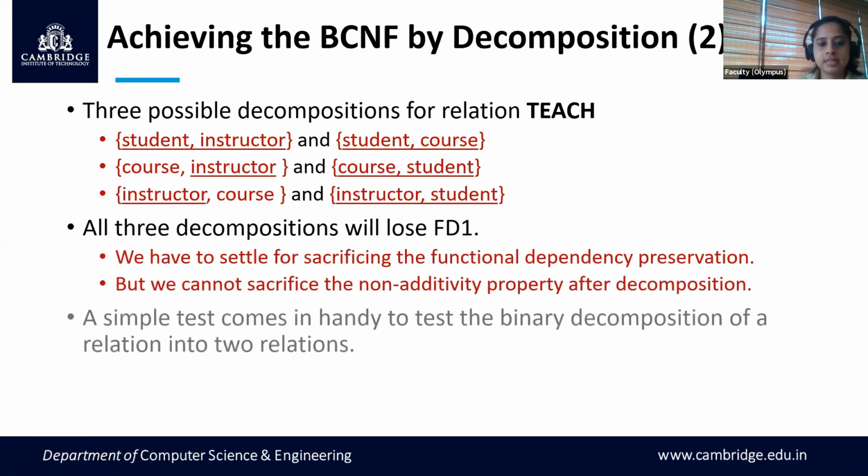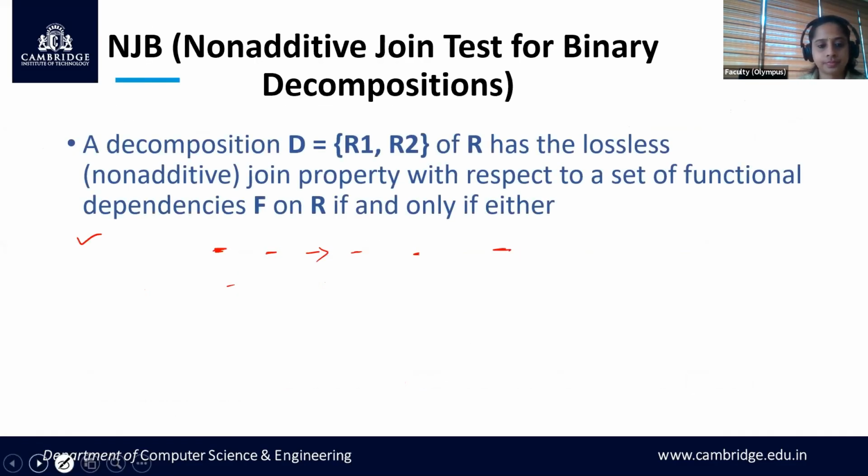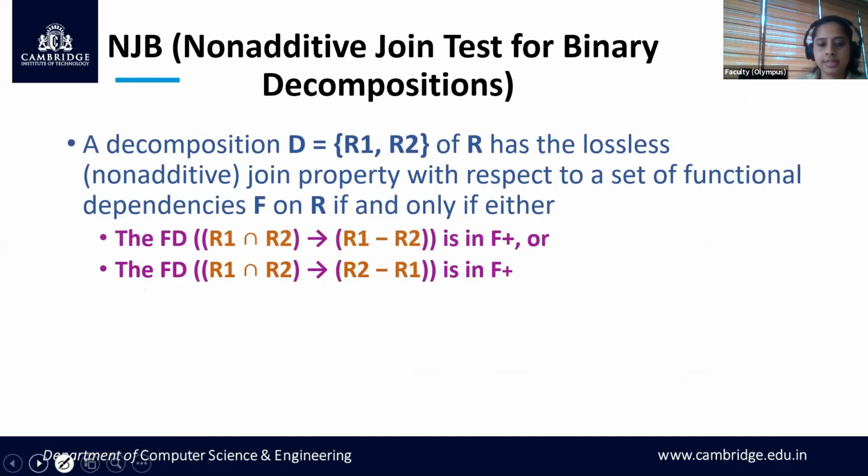Okay. So that is the property here. See, that's a property they've asked. For this property, now you read this. A decomposition D equal to R1, R2 of R has a lossless or non-additive, both are same, join property with respect to the set of functional dependencies F on R, if and only if either this FD is in F plus.